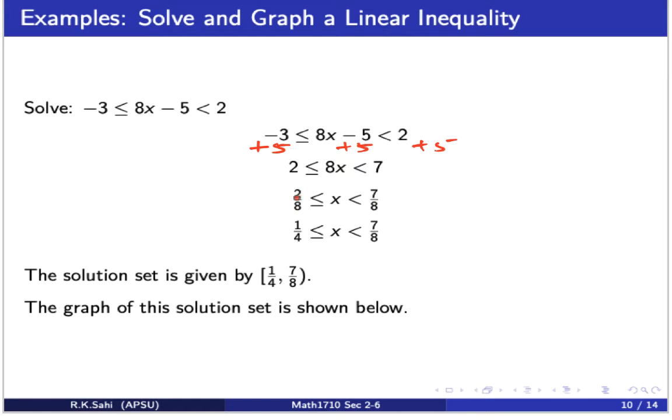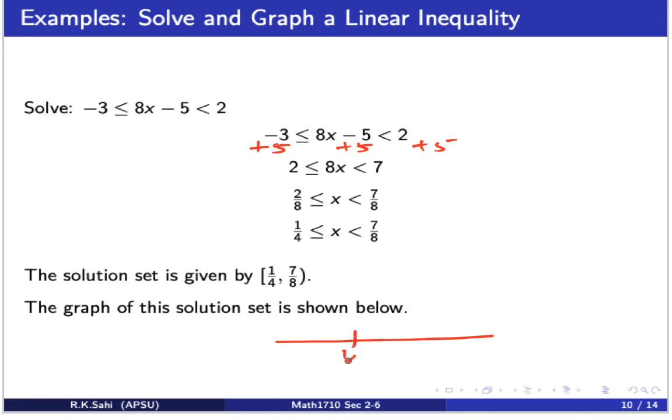There's a common 2 over here. We get 1/4 less than or equal to x, strictly less than 7/8. So in interval notation, the solution set is given by 1/4, with a square bracket next to it, comma 7/8, which has a parenthesis next to it. How will we draw the solution set? Clearly, 1/4 is definitely less than 7/8.